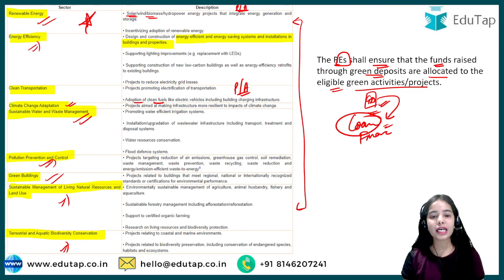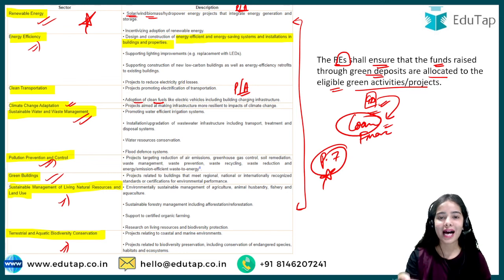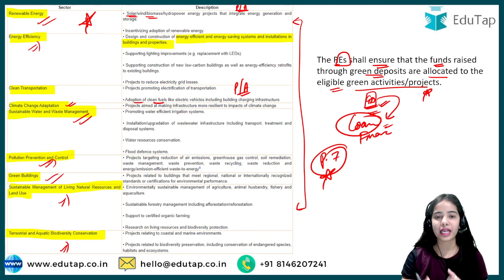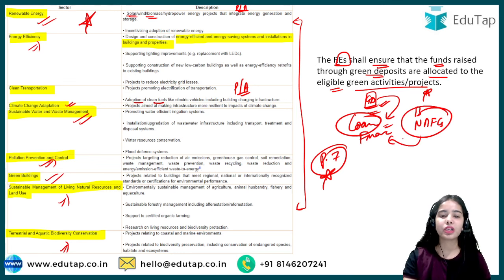Okay, so these are the sectors, these are the projects and activities under paragraph 7 that are allowed by the RBI as the green activities or projects eligible for the green deposits, that is, eligible for the banks or NBFCs to provide the loan or finance through the green deposits.